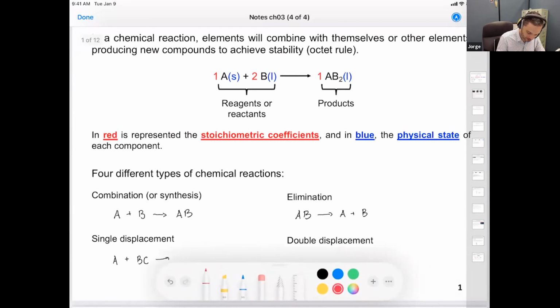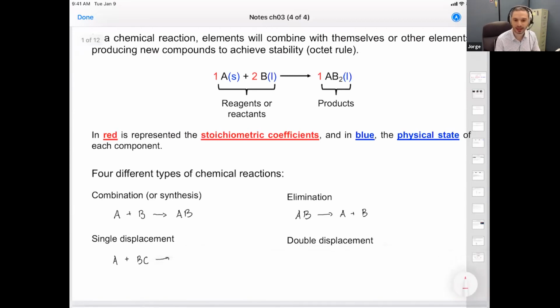And in this case, for a reason that doesn't matter at this point, the element A, for example, is going to displace the element B from the compound, and it's going to form a new compound AC and leave B by itself. Okay?